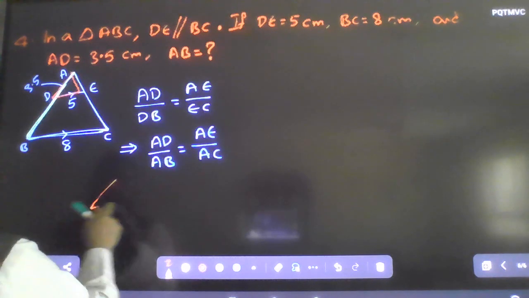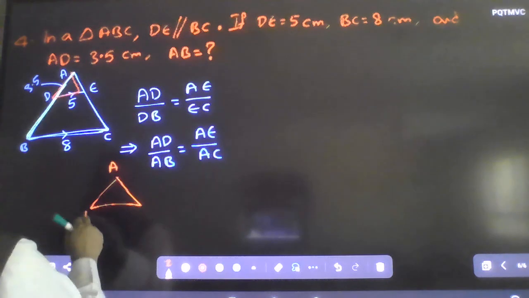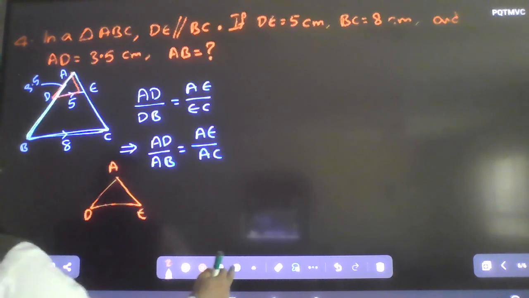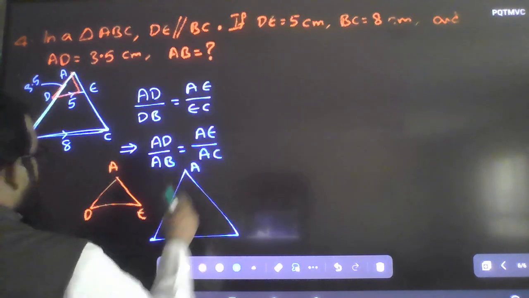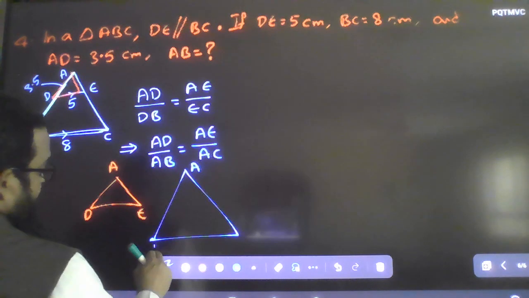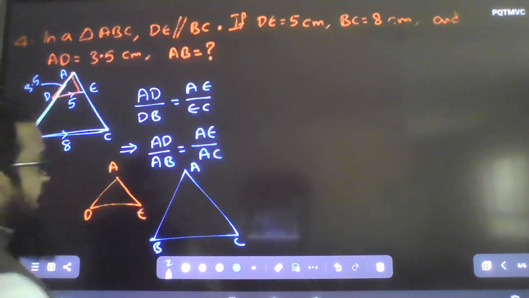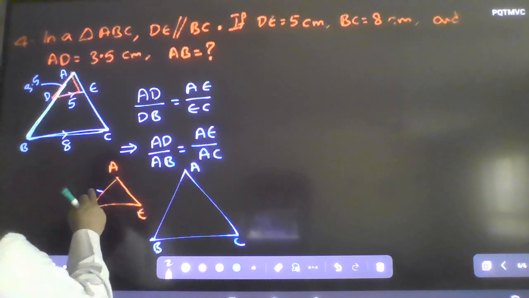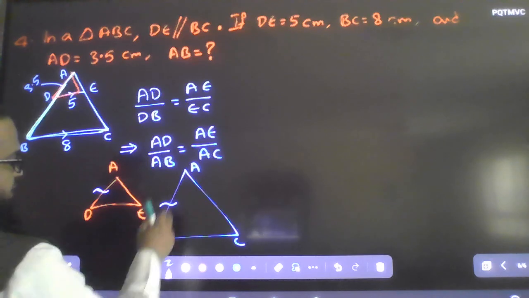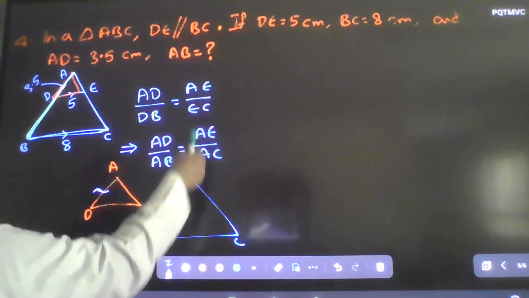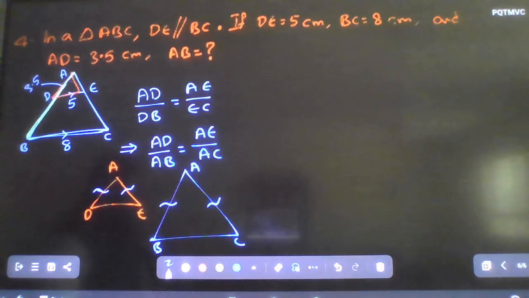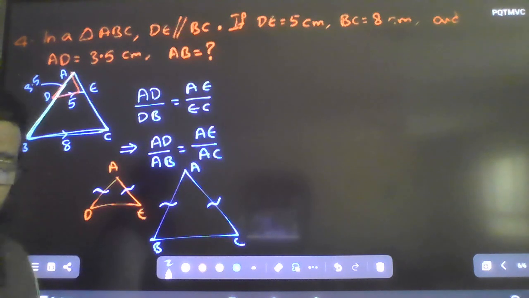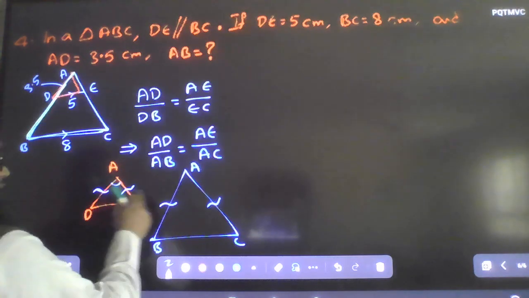Now, let us take the red triangle. What is the red triangle? A, B, E. And what is the other triangle? A, B, C. According to this, the ratio AD by AB and the ratio AE by AC are equal. Is it right? And in both triangles, angle A is common.